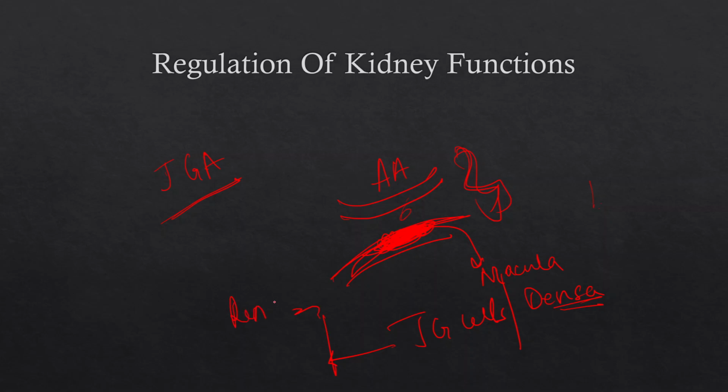Not rennin; rennin is different, it is a milk casein enzyme. Renin is also an enzyme, secreted by the JG cells. And erythropoietin is secreted when low oxygen levels are there, and it increases the production of RBCs.